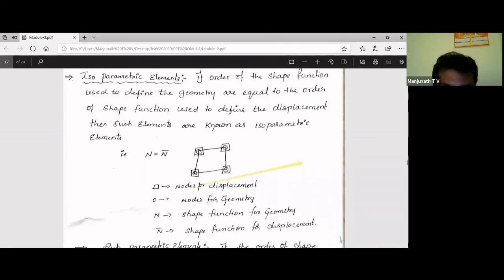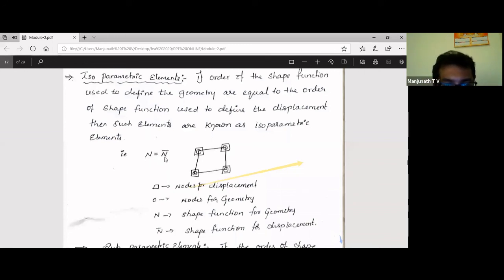Whatever the shape function, if the same shape functions are used to define geometry and also displacement, such a type of elements are called isoparametric elements. If the order of the shape functions used to define the geometry is equal to the order of the shape functions used to define the displacement, such elements are known as isoparametric elements. See here, N is the shape functions used to define the geometry, and N dash is the shape functions used to define the displacement.